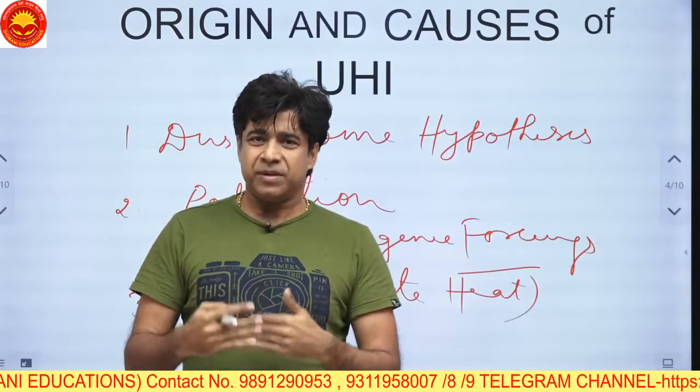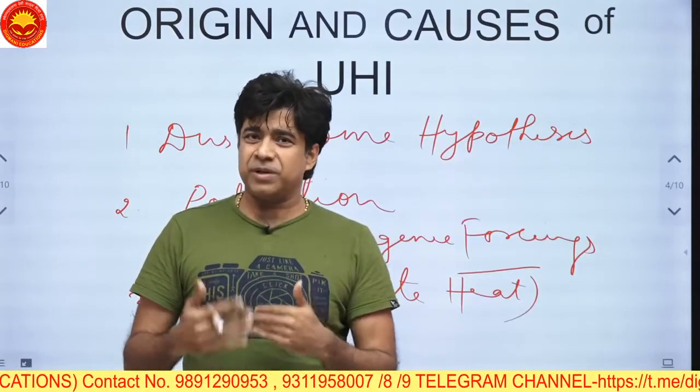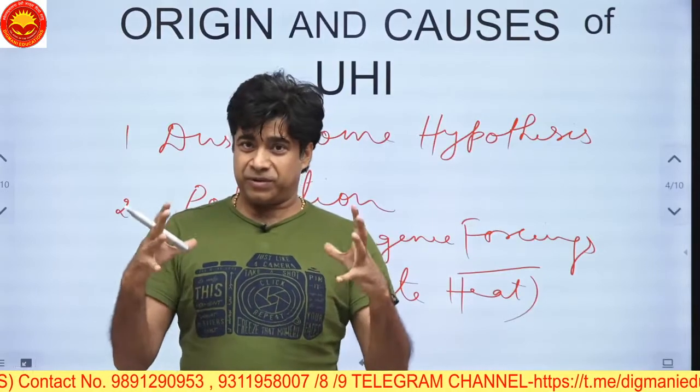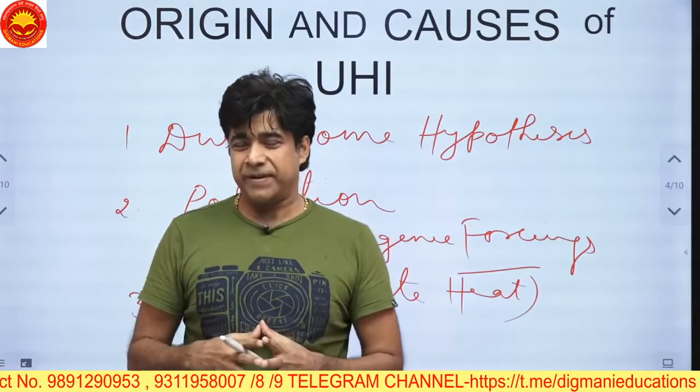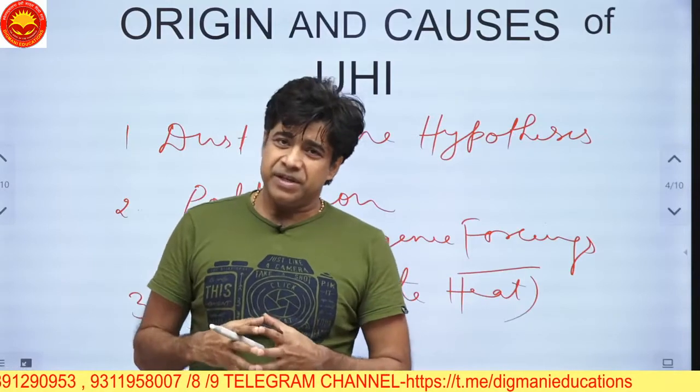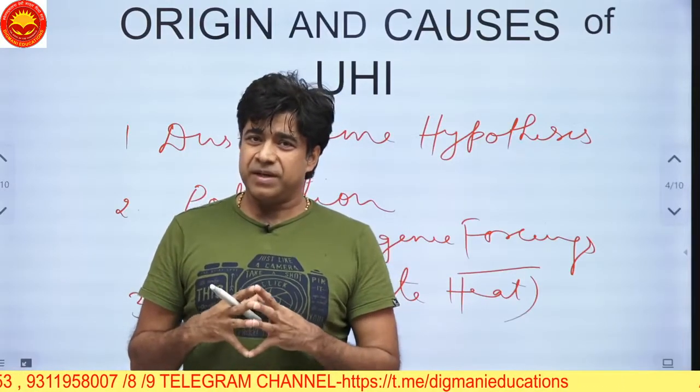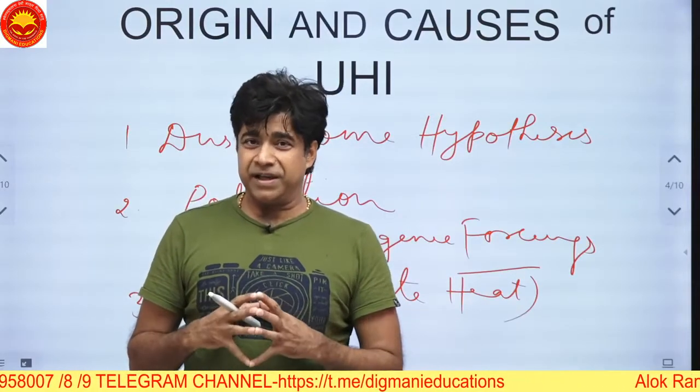So the heat is conserved somehow in the lower troposphere, and especially by those concrete structures. So we have three theories related to the formation of urban heat island.